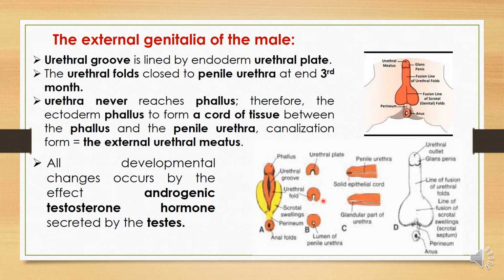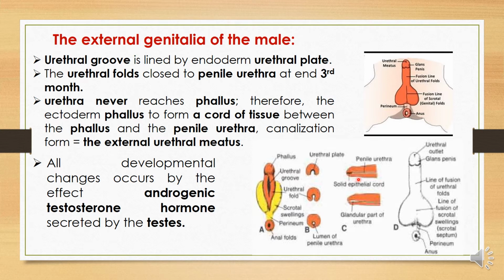These urethral grooves are lined by the endoderm of the urethral plate. The urethral folds will close to form the penile urethra at the end of the third month. This part of the urethra never reaches the tip of the phallus.